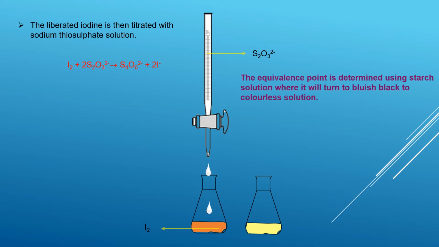So when the pale yellow color is seen in the conical flask, then a few drops of starch indicator is added. When the few drops of starch indicator is added to this conical flask, there will be a color change from bluish black to a colorless solution. So this is how the color changes transition when we do a two-stage titration involving iodide and thiosulfate.